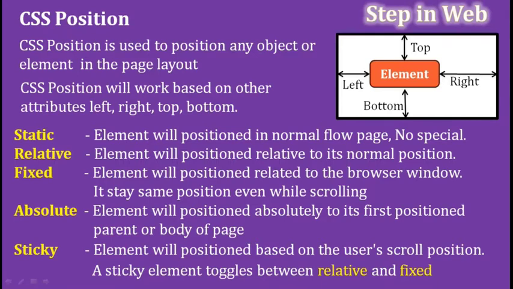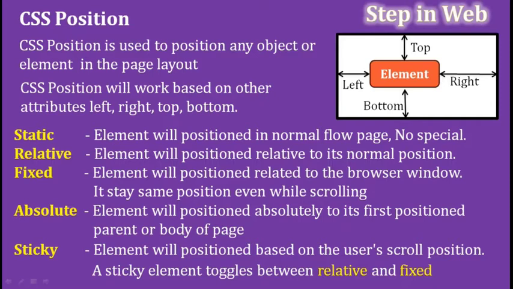And relative: whenever the image is positioned as static, if you put relative with some left or right attributes, then from that static position it will move slightly to another position, but it will not affect the other consecutive code elements.